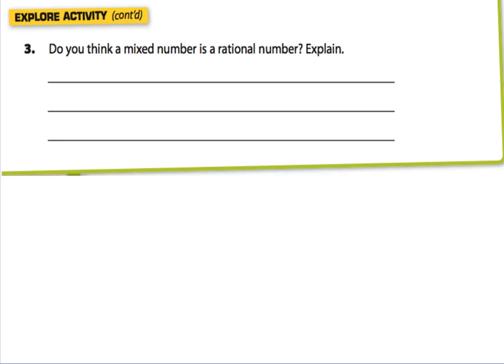So mixed numbers can be rational because they can be turned into a fraction that terminates, or a decimal that terminates or repeats. So we can say a mixed number is a rational number because it can be written as an improper fraction, which is a ratio of 2 integers.